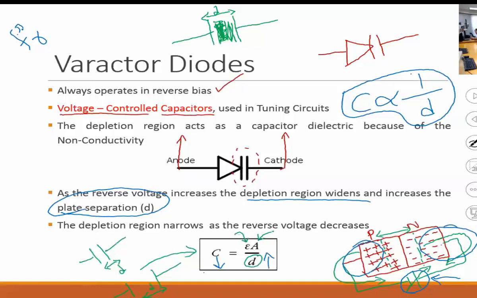Again, the idea behind this is to make sure you have the diode reverse biased, because then you have a narrow or wider depletion region. You can change the depletion region by changing the reverse voltage. If you increase the reverse voltage, the depletion region widens, and the capacitance will decrease.